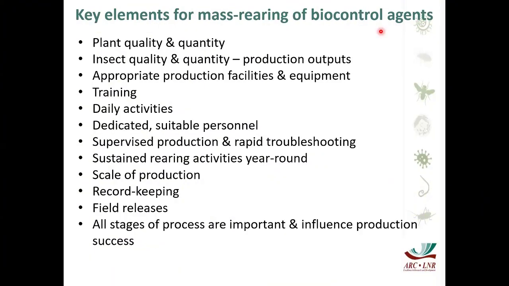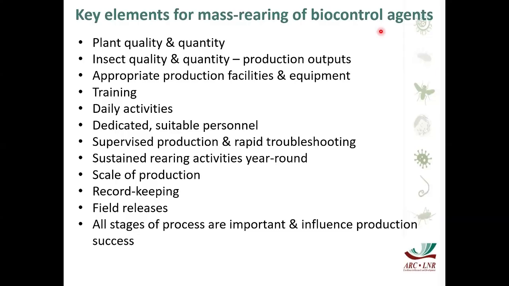So some of the elements for mass rearing that are important are obviously plant quality and quantity. That's our starting blocks. We really need to ensure that they are appropriate for the biocontrol agents that we are trying to produce, whether they are insects or pathogens. Obviously, appropriate facilities. These are daily activities. It includes Christmas Day and New Year's Day. So there needs to be dedicated personnel that are always assigned to these activities.